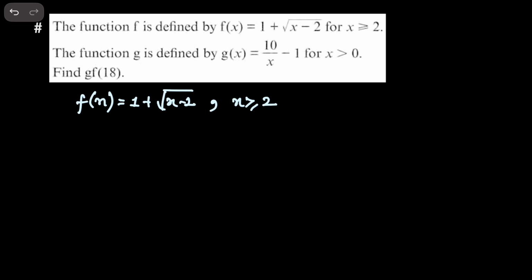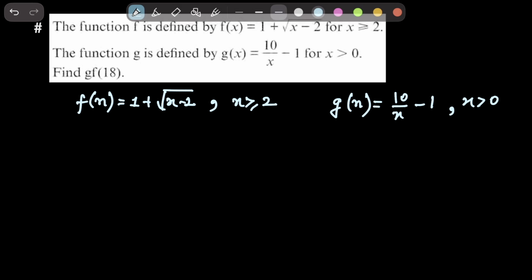There is one more function g of x which is stated as 10 over x minus 1, and in this case x is always going to remain greater than 0. Okay, the question wants us to calculate g of f of 18. This is to be calculated. So the first step which I'm going to follow is I will calculate f of 18.